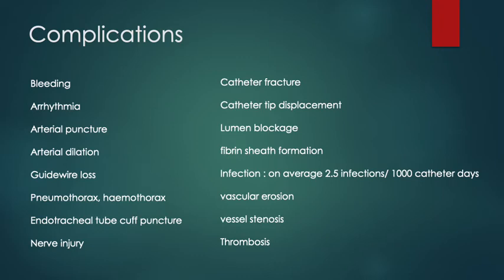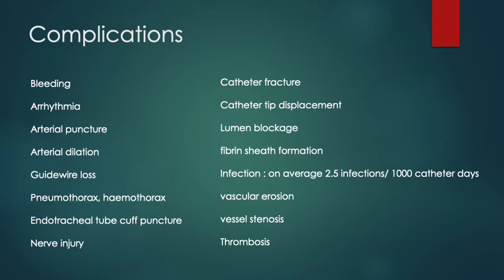In terms of the catheter or longer term complications, the catheter itself in terms of fracture or tip displacement, so migration of your tip, blockage of your lumens, certainly not an uncommon thing, and with that comes the risk of infection.